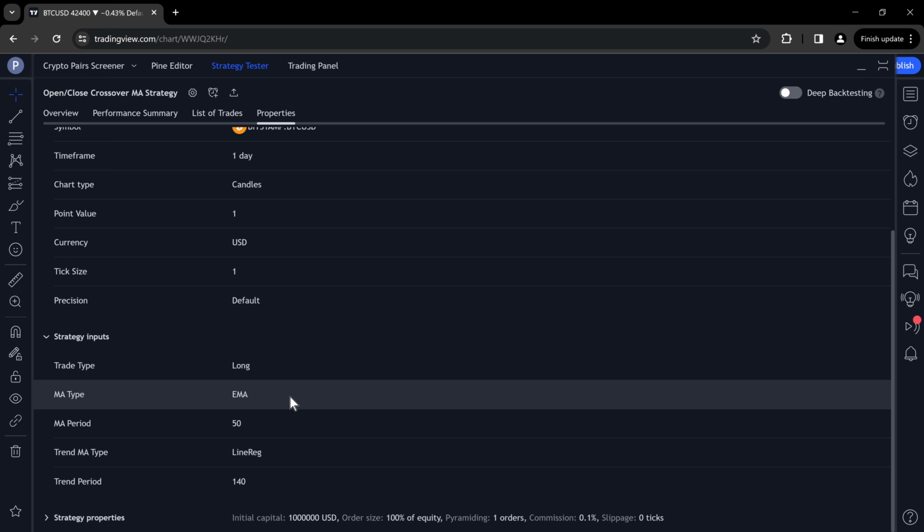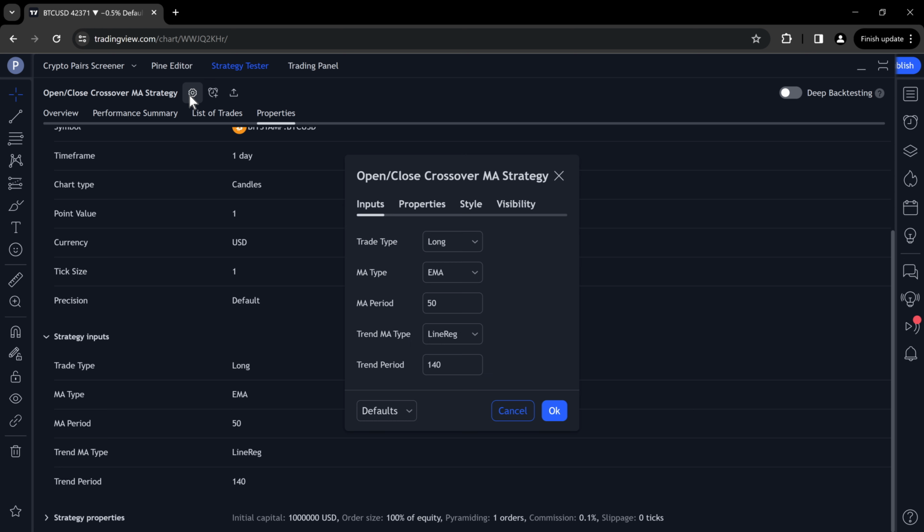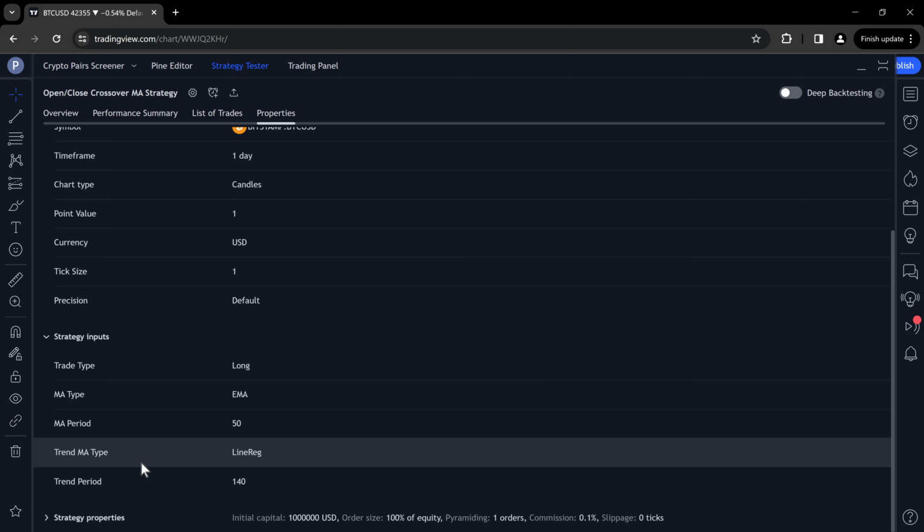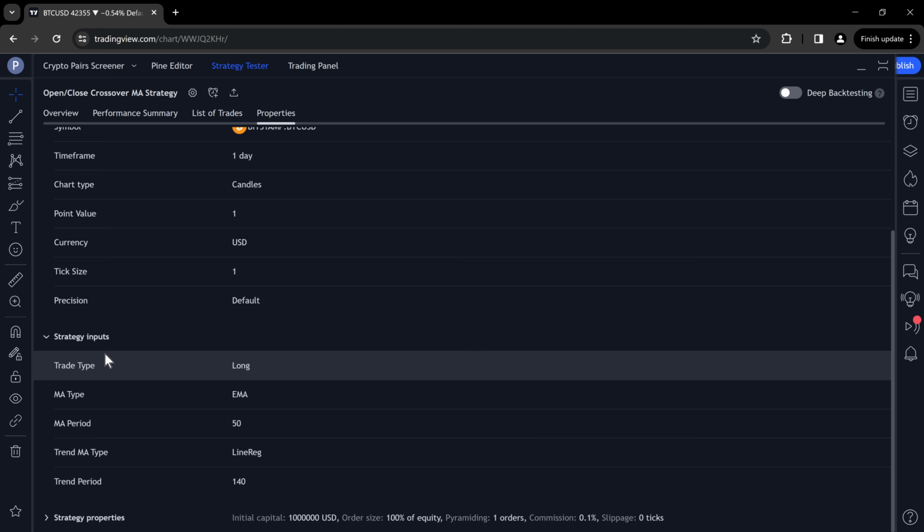It outlines the parameters used in the strategy script available in the input tab of the script's settings. So we can access the input tab in the strategy configuration, and we can see that all these parameters are available to view here in the strategy input group of the parameters in the properties tab.